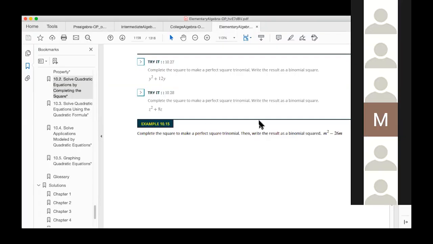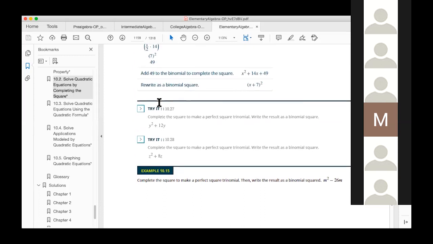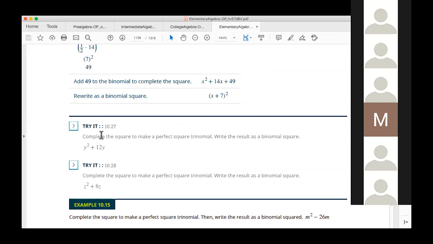So let's try a couple exercises here. Okay, let's see if we can share the screen. Can you see here, guys? Yes. Can you try to do this?